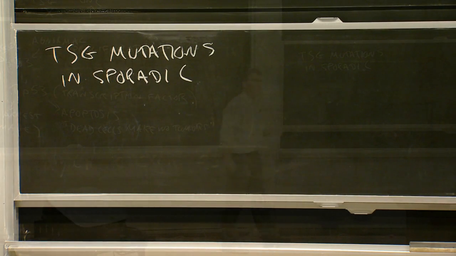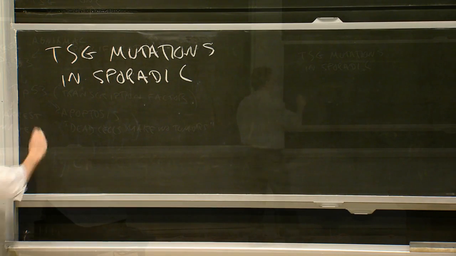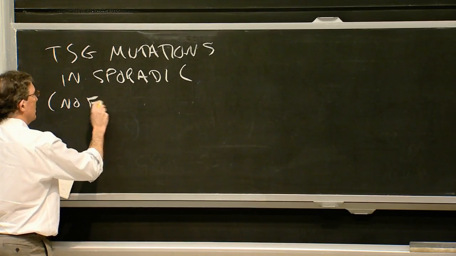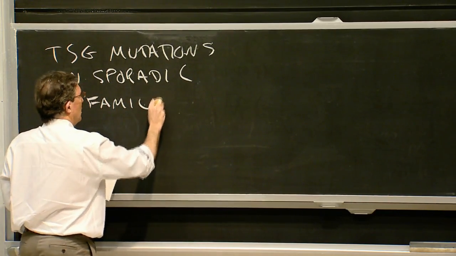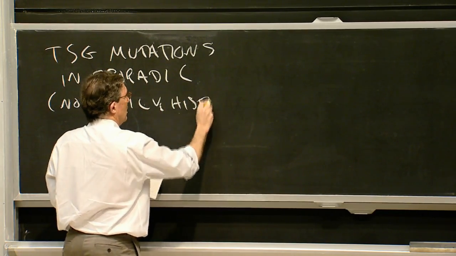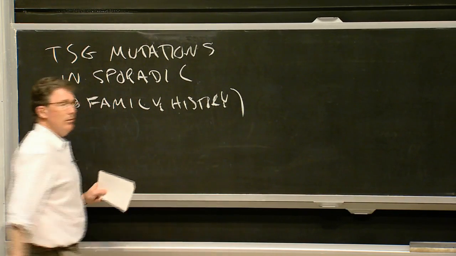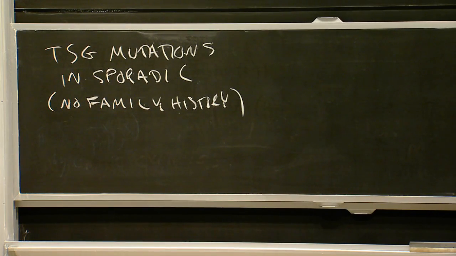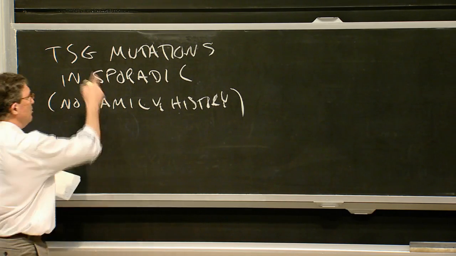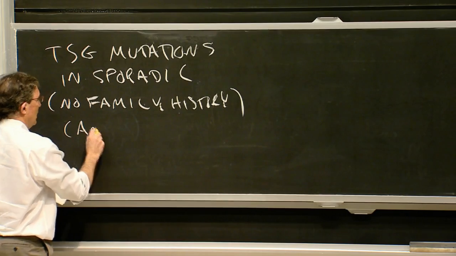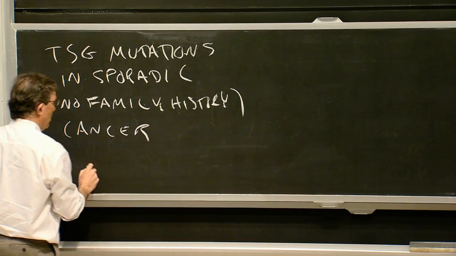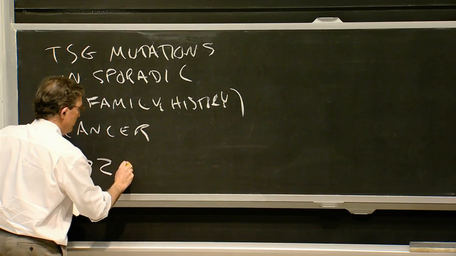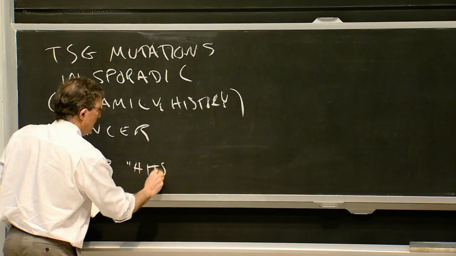Tumor suppressor genes in sporadically occurring cancers, and sporadic means that the individual has no family history of that particular cancer type, sort of a chance event, require two mutational events.